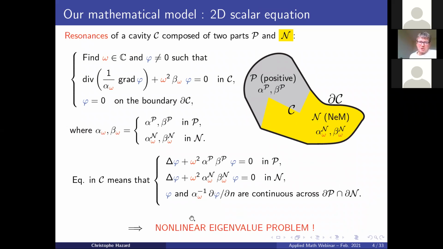And this transmission condition says that I have the continuity of phi and the normal derivative of phi divided by this alpha omega here. And of course, in general, this is a nonlinear eigenvalue problem since omega appears here, but also in the coefficients alpha omega and beta omega.